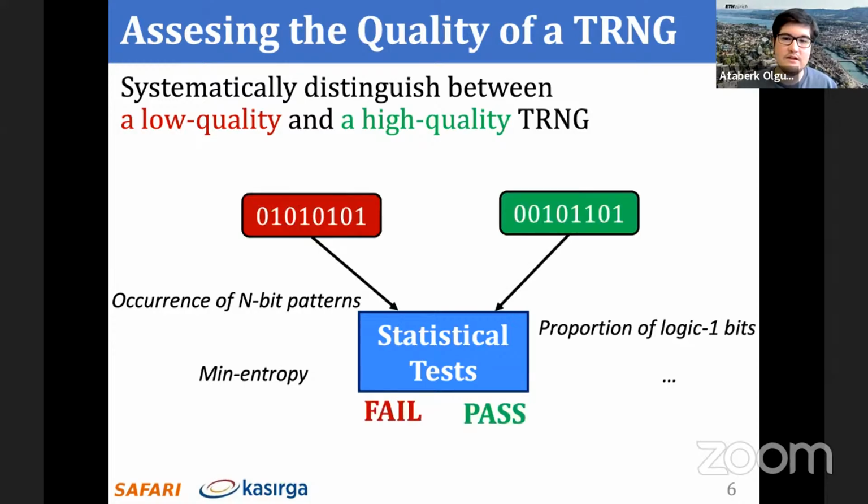And typically the test will fail or pass depending on how well some of these statistical properties are satisfied by the random number sequence. And to summarize, the idea behind TRNG quality assessment is to make sure, as much as possible, the output bit streams don't contain any patterns that can be identified by computers. And we call TRNGs that produce such bit streams high quality.